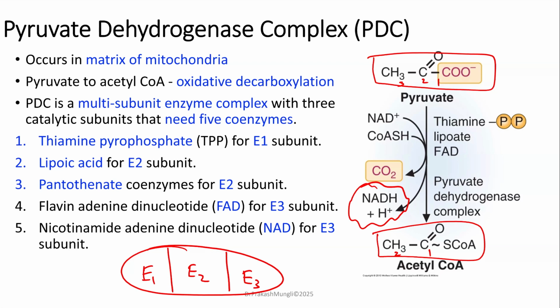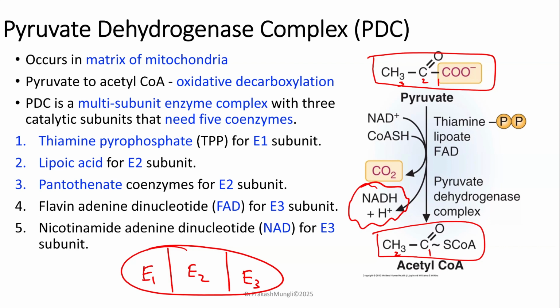E1 subunit, as I have written here, needs TPP, thiamine pyrophosphate, that is a vitamin B1 derivative, right? E2 needs lipoic acid, which is not really a water-soluble vitamin, but then there is pantothenate. The CoA part in acetyl-CoA comes from pantothenate. So pantothenate and lipoic acid are coenzymes for the E2 subunit.